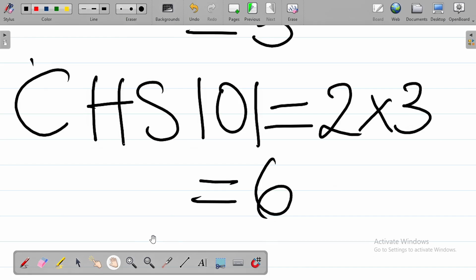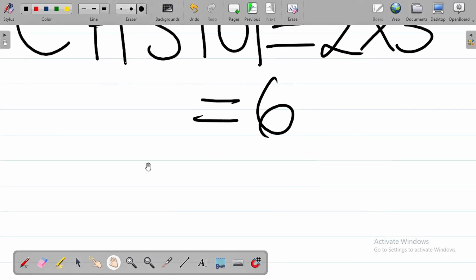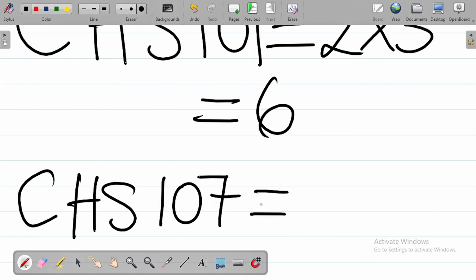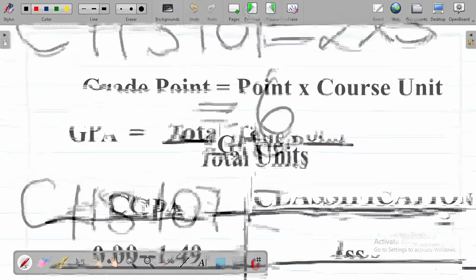So let's consider the next course. The next course is Chemistry Practical, and the course code is CHS 107. Let's confirm the point and the course unit.